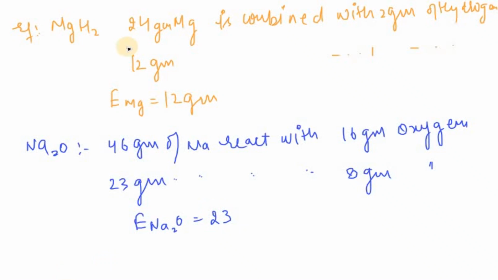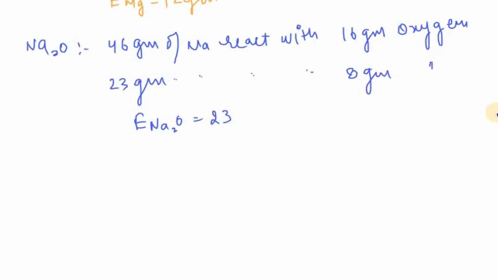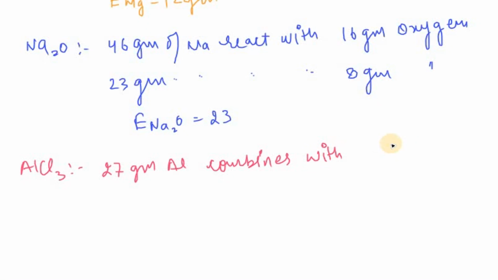Or let's look at the compound AlCl3. We know 27 gram of aluminium combines with 3 multiplied by 35.5 gram of chlorine.